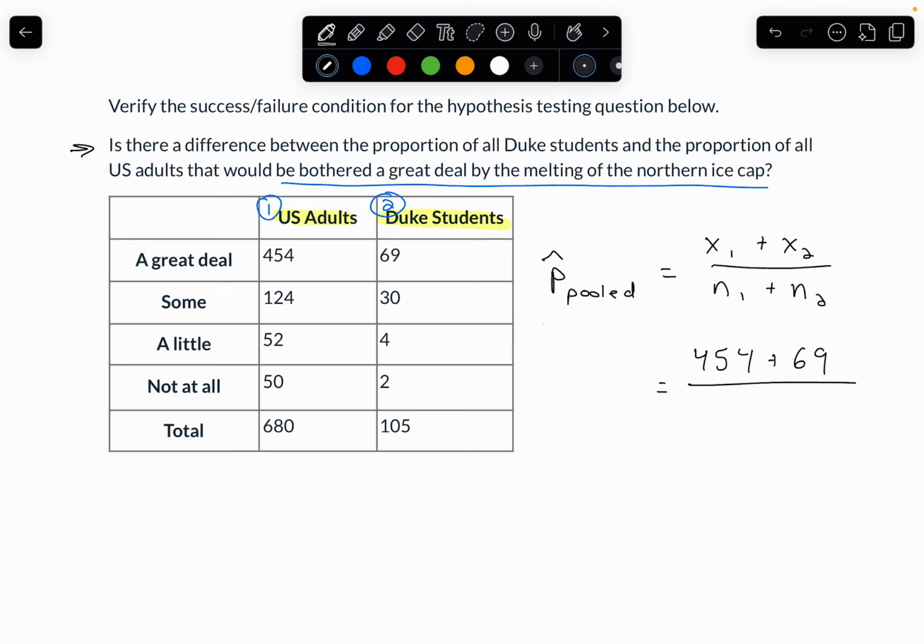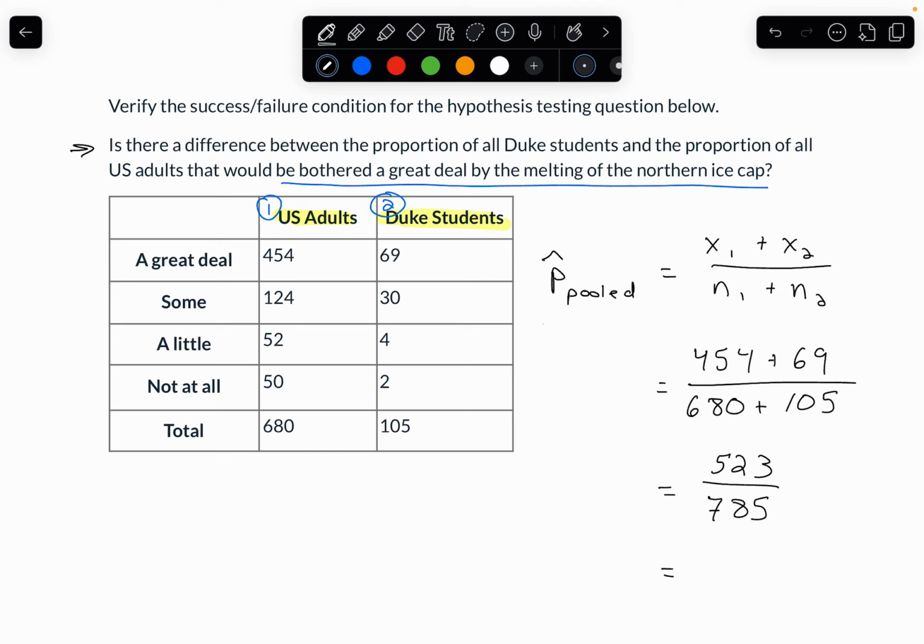Remember, n is our sample size, so that would be the sample of U.S. adults, which is 680, plus the sample size from my Duke students, which is 105. Adding my numerator, 454 plus 69, my numerator is 523. My denominator, 680 plus 105, I end up with 785. And then we can go ahead and divide these out.